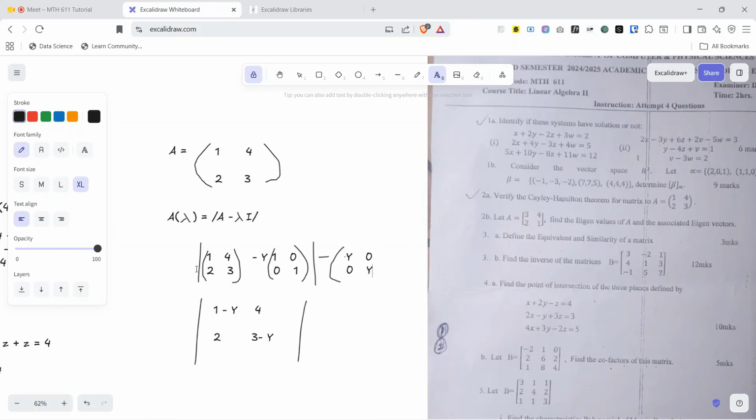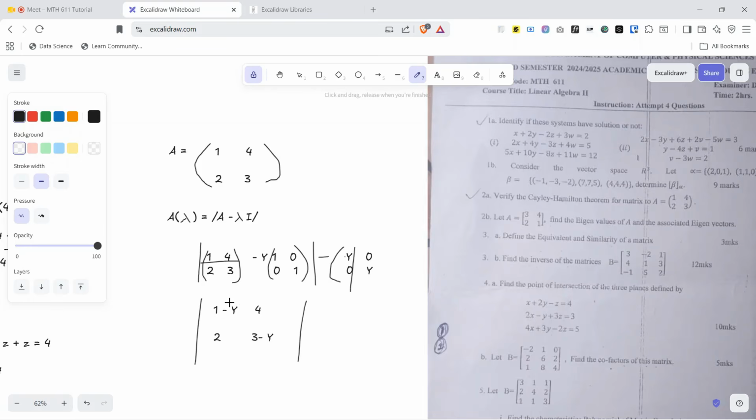Now in order to do this, remember the way multiplication of matrices works: what you have at the top, this times this, right? This times this. So what you have is 1 times minus lambda, then plus 4 times 0, that's 0.